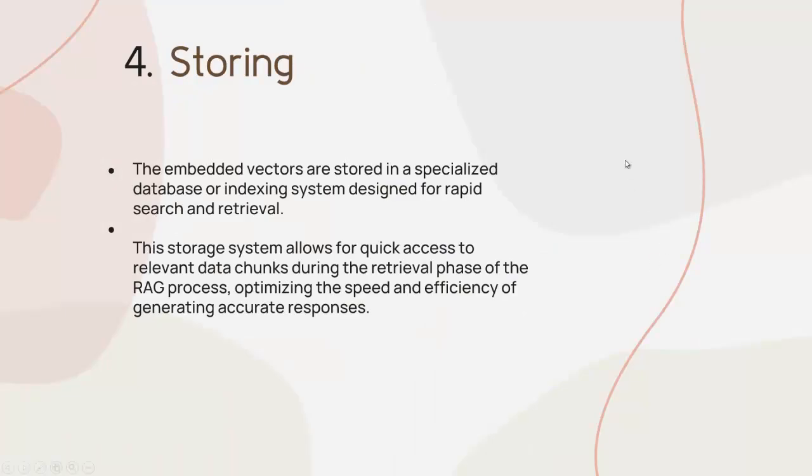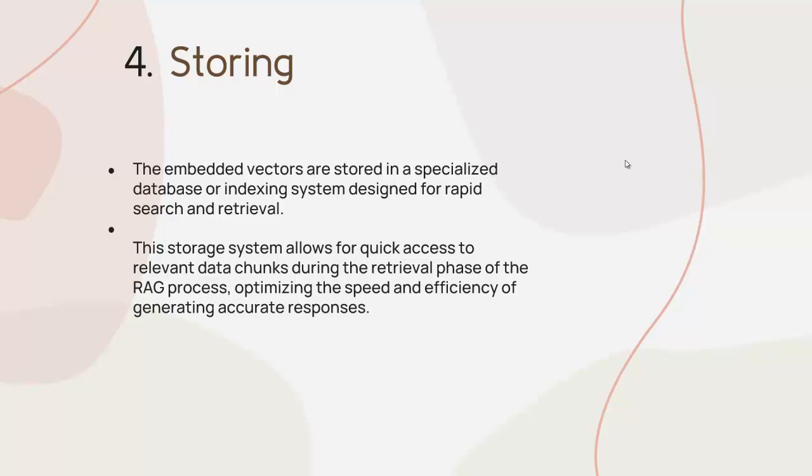The last step in the indexing pipeline is the storing step. In this step, we are going to store the embeddings along with the original text chunks in a vector database. This database is designed for fast retrieval of relevant information when a query is made.